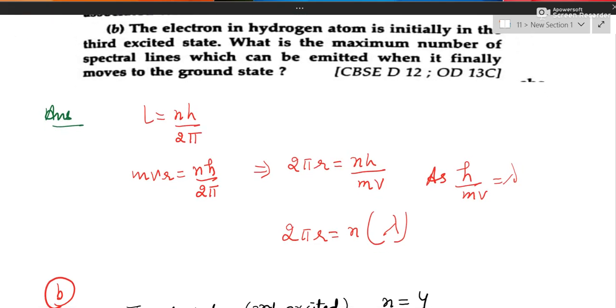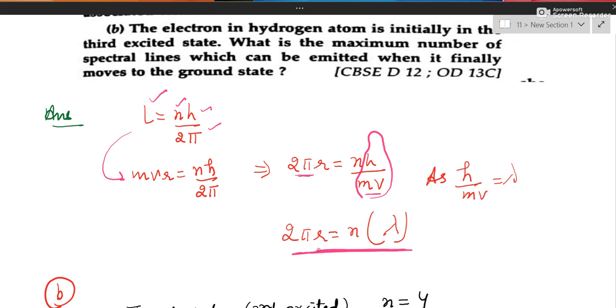You'll have to start with the derivation that we have done earlier. The angular momentum postulate is n times h by 2 pi. Angular momentum can be opened as mvr. And 2 pi will come to this side, and mv has gone to that side. mv is momentum, and h by mv is your de Broglie wavelength. So that's all. Circumference is equal to n times the wavelength.